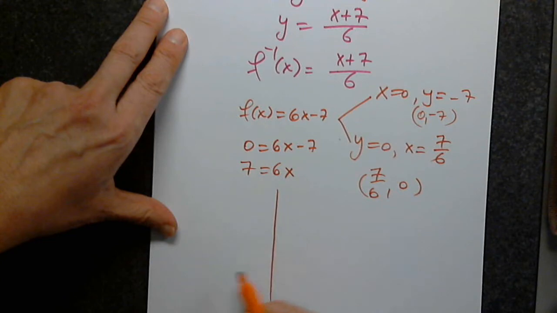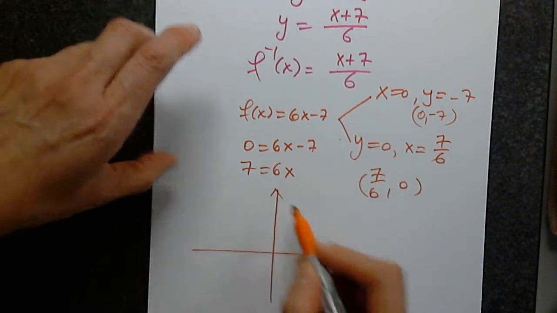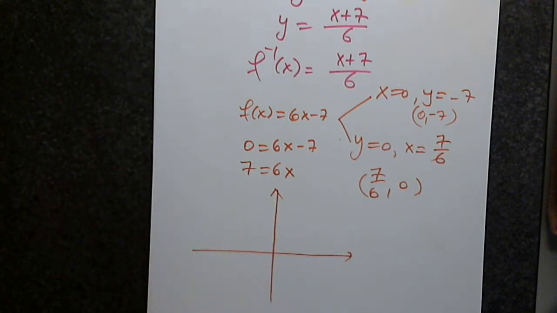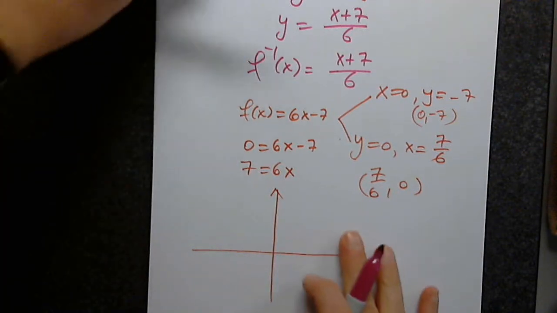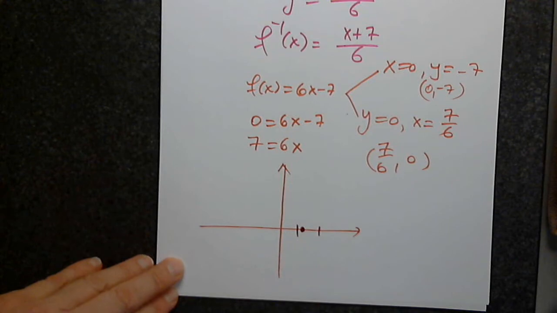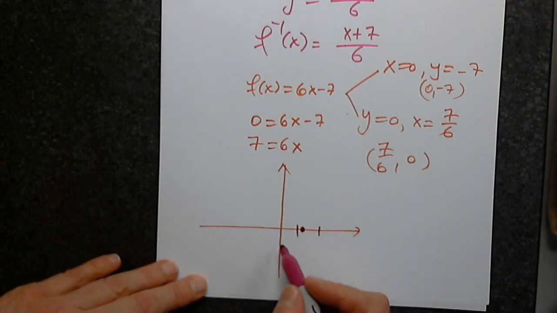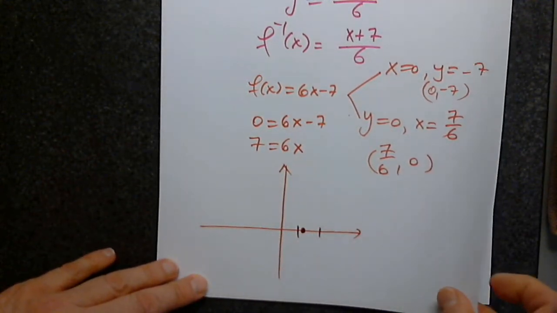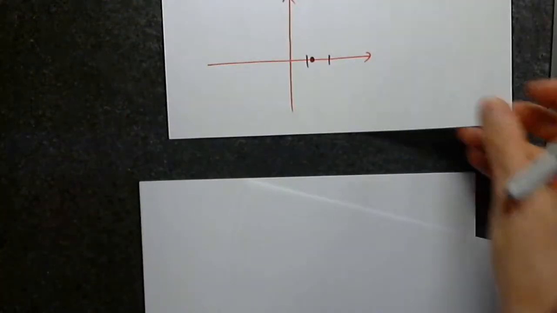So I'm going to graph 7 over 6, comma 0. It's a little bit difficult, but it's a little bit more than 1. Right here. And negative 7. I didn't plan ahead, so I'm going to need a bigger graph.